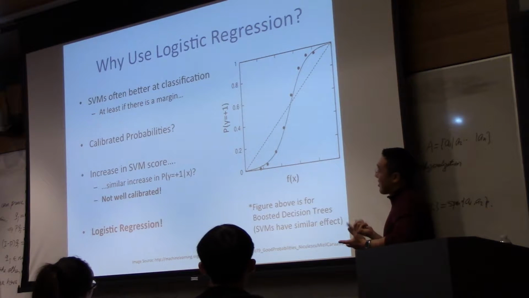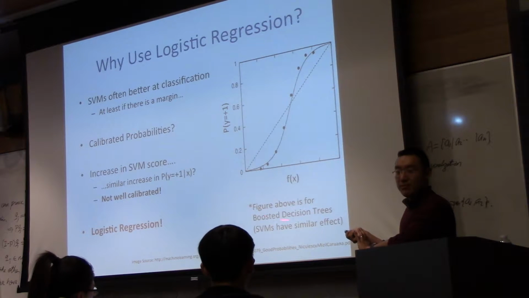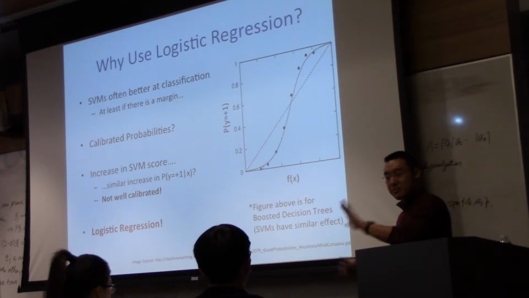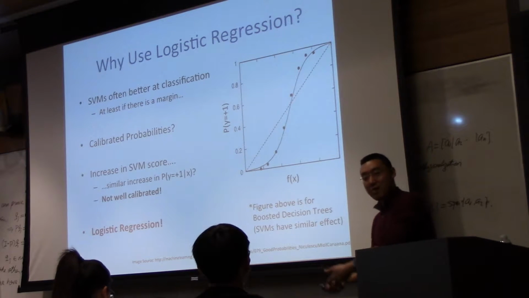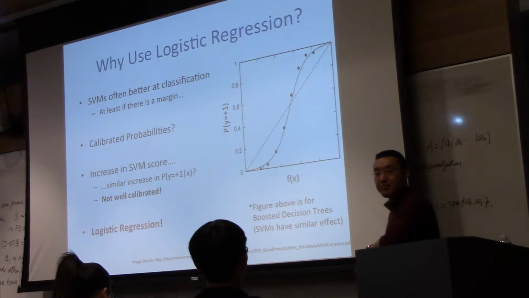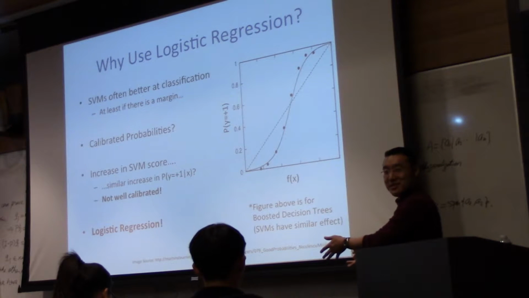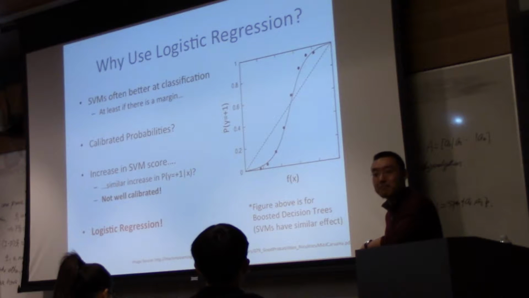And so when an SVM, and it doesn't have to be an SVM, it could be some other model, just has much better accuracy than using logistic regression directly, and you still want calibrated probabilities, then you use this approach. That's one reason. How do you test whether it has better accuracy? You train both. You have a validation set. This is the stuff that we've talked about the last few lectures.